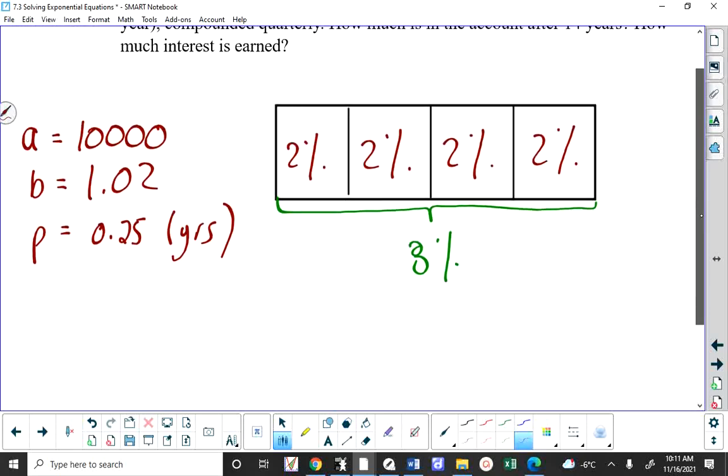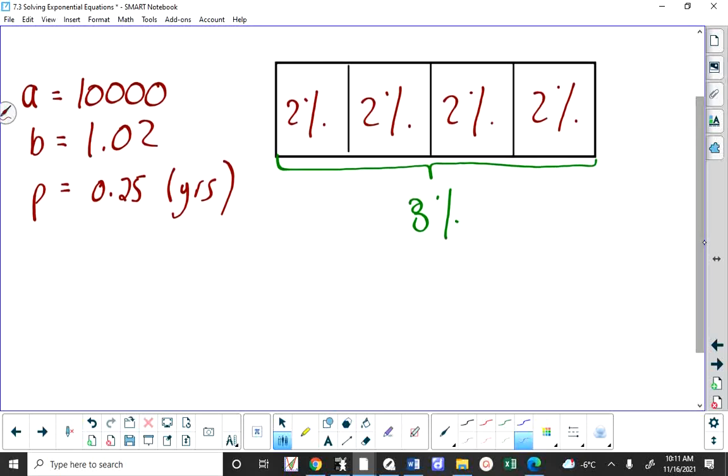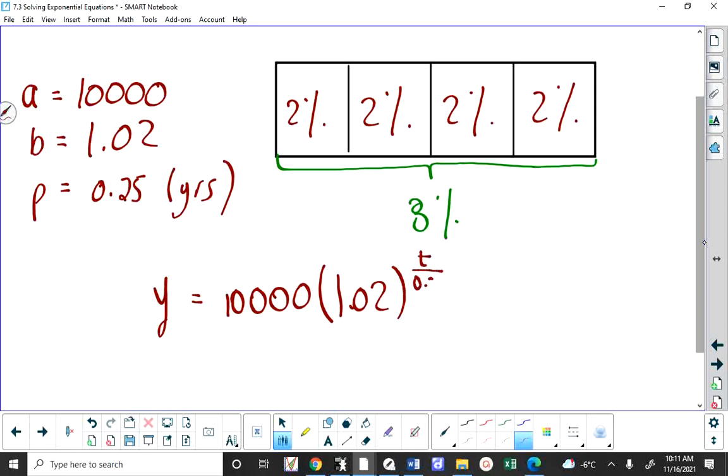So putting those parameters into this formula, y is equal to the original amount times 1.02 raised to the t over 0.25.